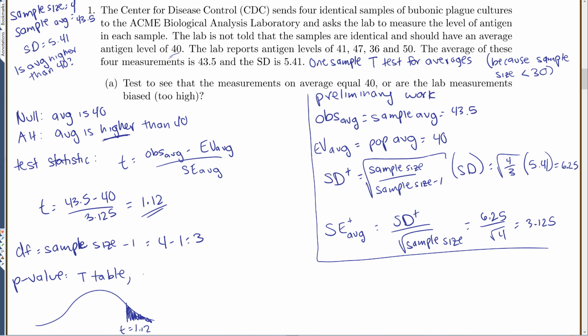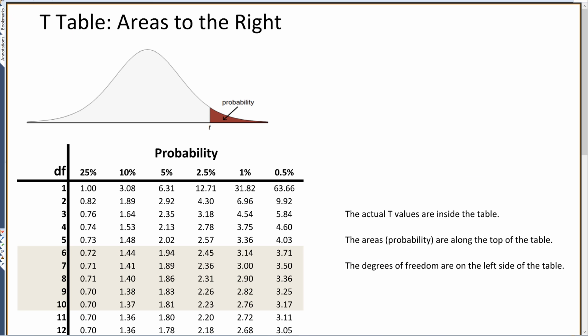So for our t-table, we'll use 3 degrees of freedom, and we'll look for the area in the right tail. Now you have to remember the t-table does give us areas to the right already, so that's fortunate for our problem. We have 3 degrees of freedom, and we're looking for a t-value of 1.12, which would be about here.